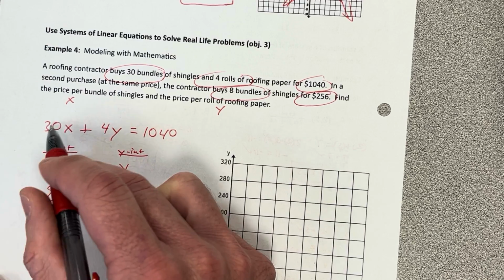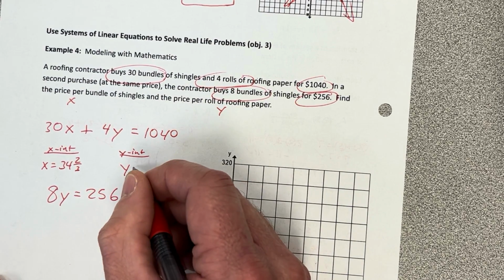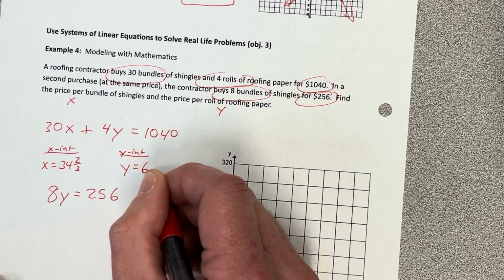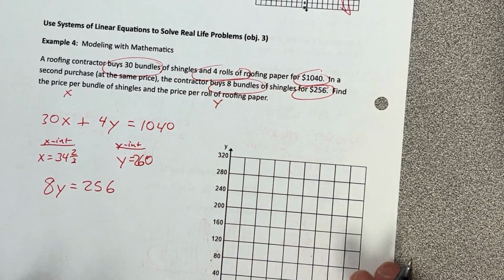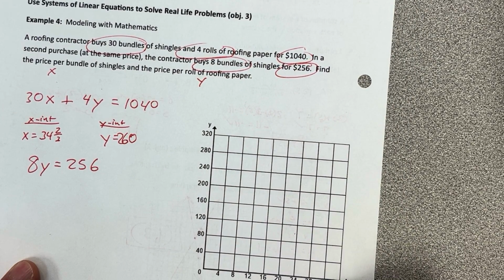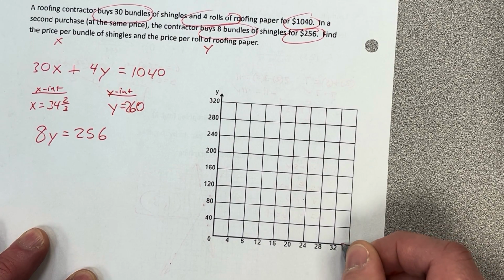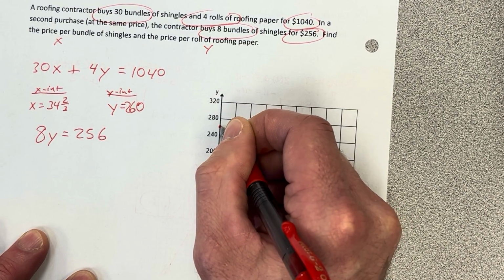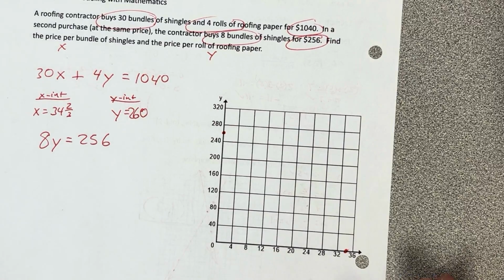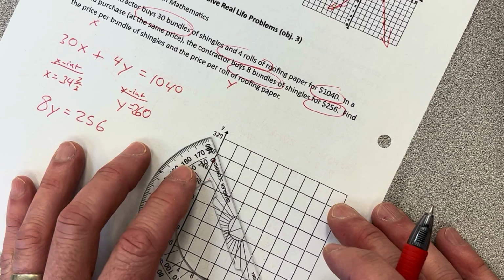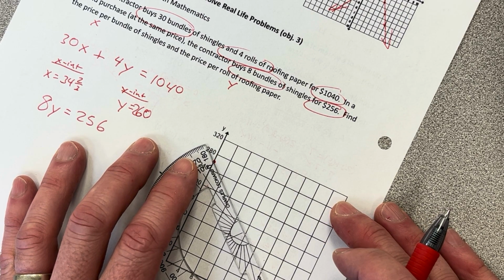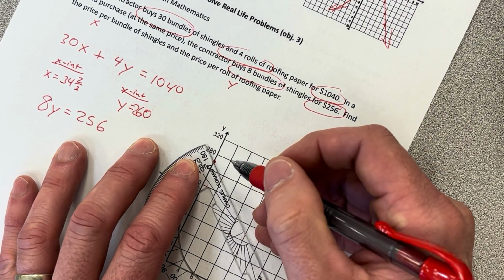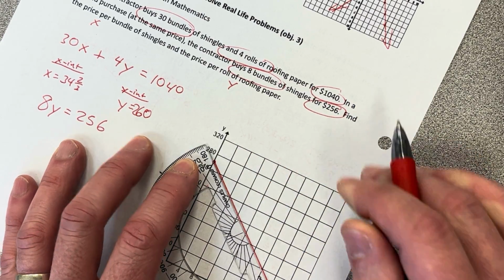When x becomes 0, divide by 4, I get 260. So I'm going to plot those points. 34 2/3 is going to be a little over halfway there. 260 is going to be smack dab in the middle between 240 and 280. And I'm going to connect them. And that's going to be all the solutions for that equation. They're all on there.